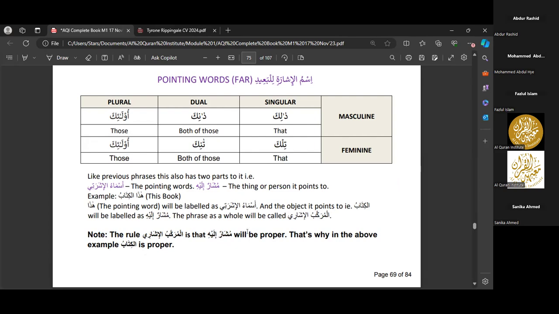So if I say hazal kitabi, for example, would it be musharun ilay? Theoretically, no, because then it will become a mudaf ilayhi. If it is al-kitabi, then it's a problem. So you have to remember in this chapter, both ismul ishara and musharun ilayh need to be in definite form. I believe the example is there.